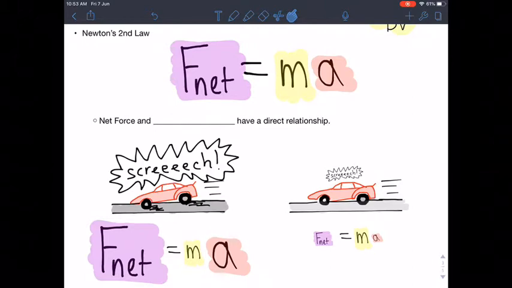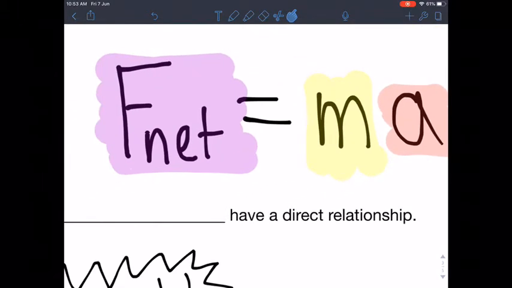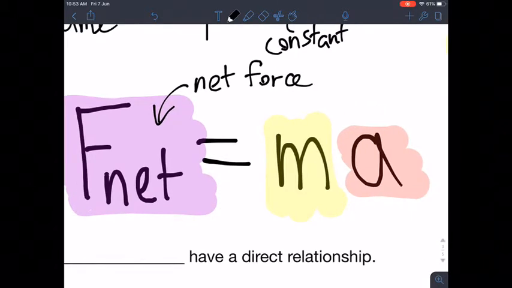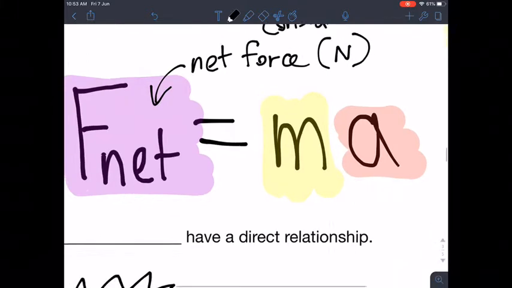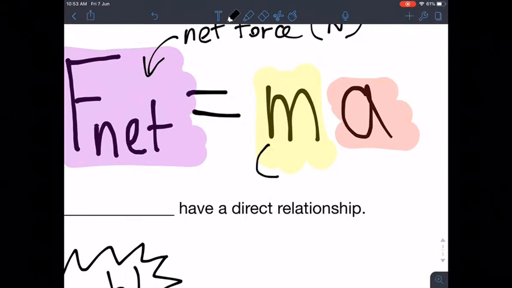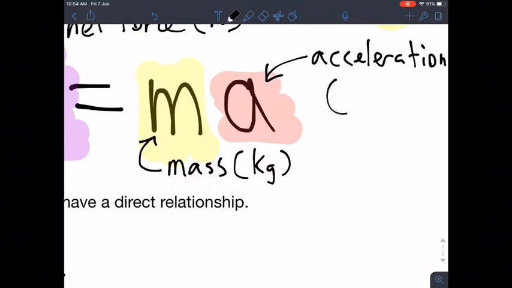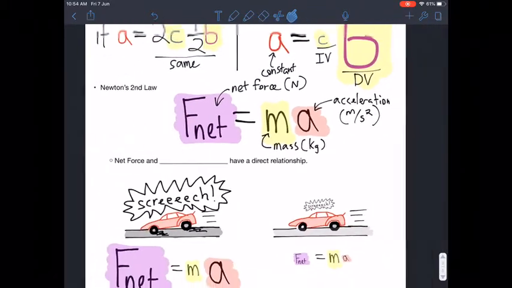Newton's second law is usually written as this equation: F net, the net force on an object measured in newtons, equals m, the mass of the object measured in kilograms, times a, the acceleration of an object. And acceleration, as we learned previously, is measured in meters per second squared.